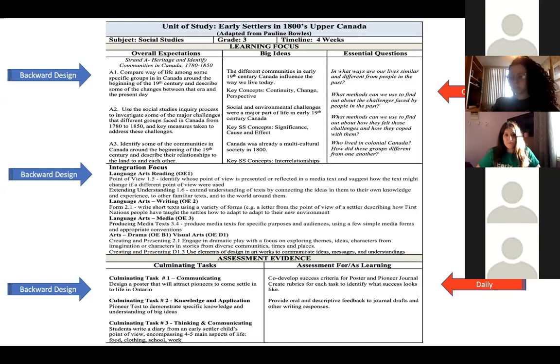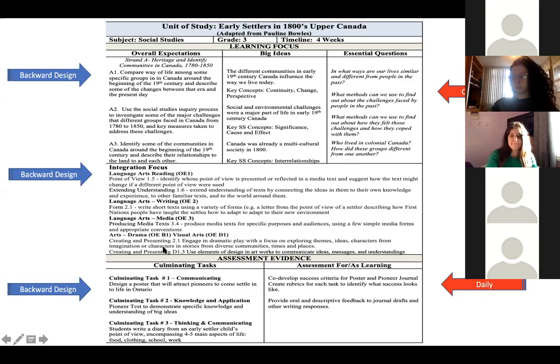It's really for planning. It's not necessarily what you're going to do with kids. It's just focusing your mind. And the same with the essential questions. The essential questions are helping you to plan your individual lessons. And so then going from here, I've decided as a teacher, these are the language and arts expectations that will feed into this. And that's going to make more sense in a few moments.